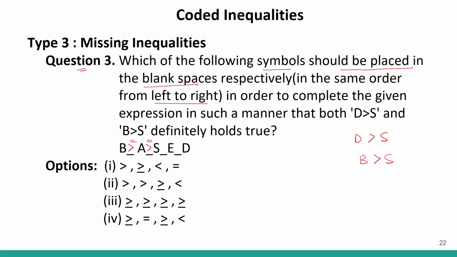So if I look at option number 1, 2, 3, 4, the first 2 symbols are like this, correct? So I cannot eliminate any option. Now we want D to be greater than S, correct? We want D to be greater than S. That means we should get either of these symbols, correct? We should get anything that is greater or equal.